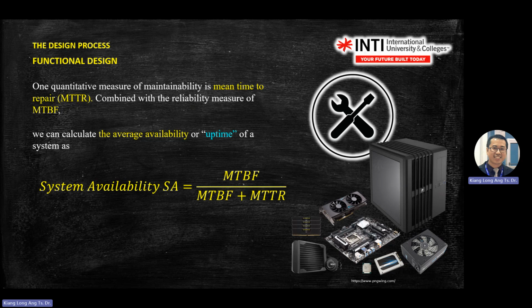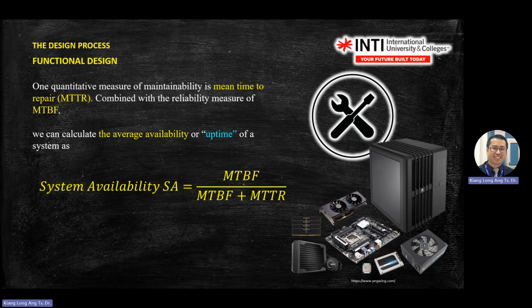Another term, besides MTBF, mean time between failure, is mean time to repair, MTTR. Your overall system availability will be MTBF divided by the two components: mean time between failure and mean time to repair.